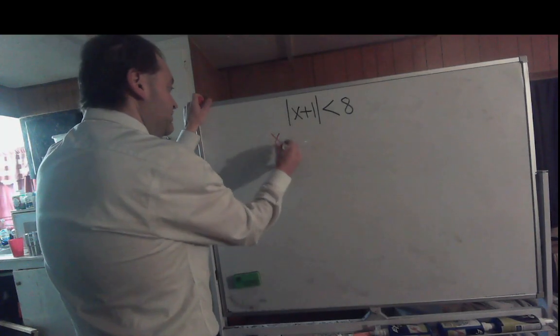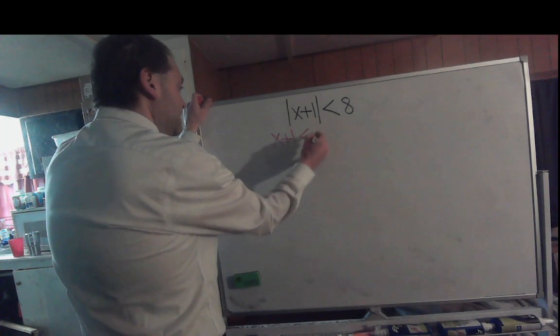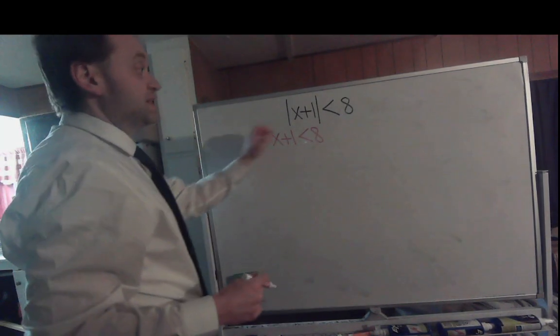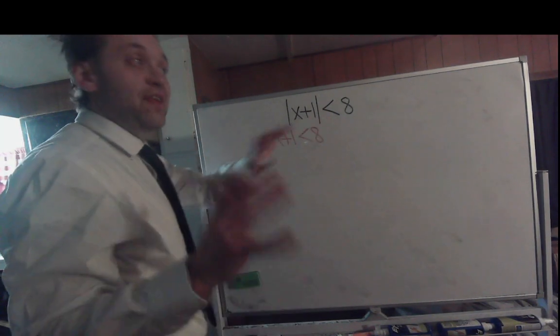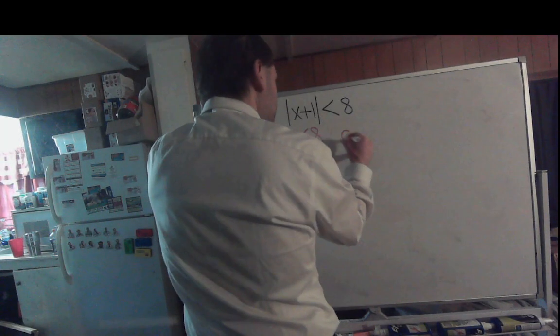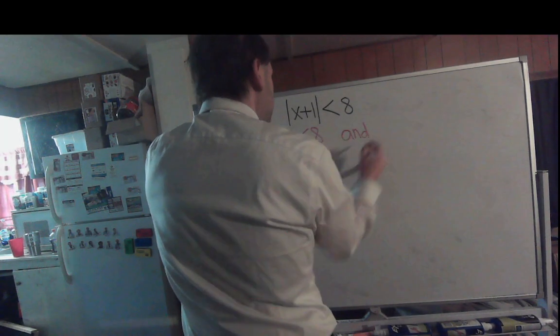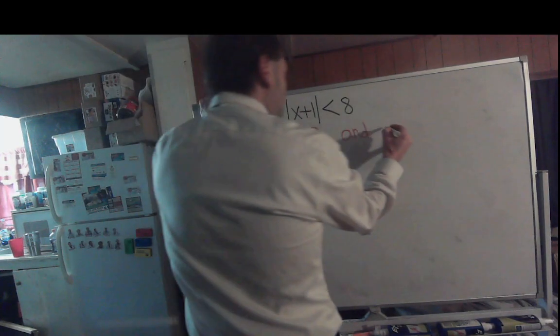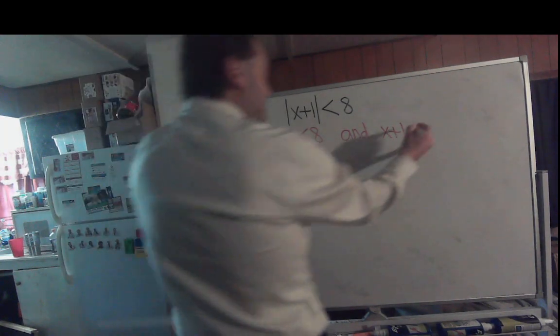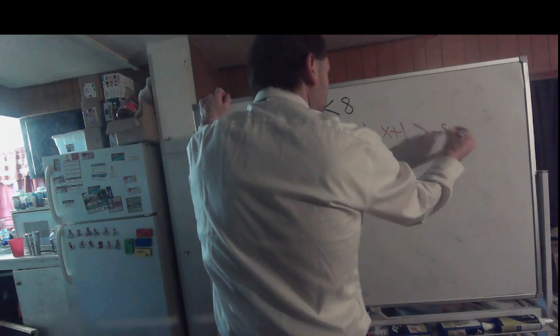You'll have that x plus 1 is less than 8. So remember, this is less than. So x plus 1 is less than 8, and then you'll have x plus 1, you're going to flip the sign to deal with the -8, it would be greater than -8.